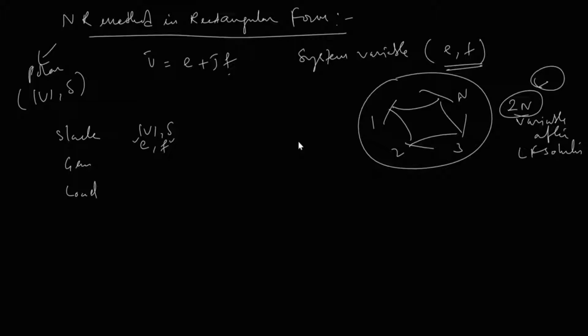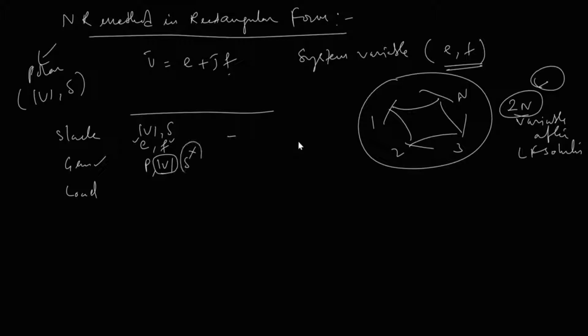So the unknown system variables to be found at the slack bus are 0, nothing, right? And in the case of a generator bus, we know P and V magnitude. Now we know V magnitude, but the angle is not there.